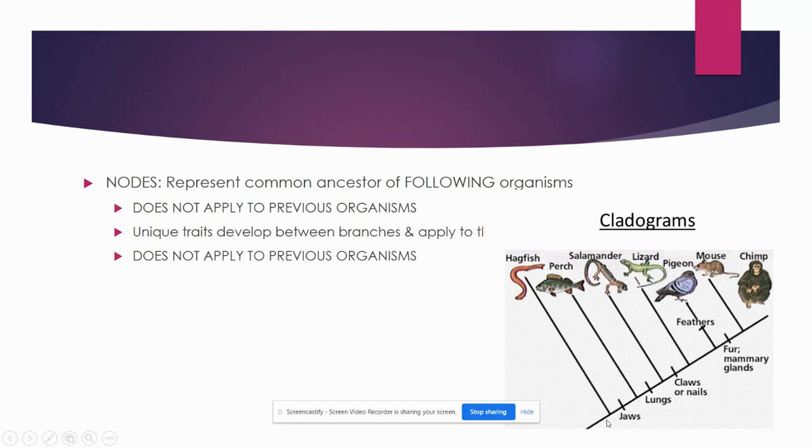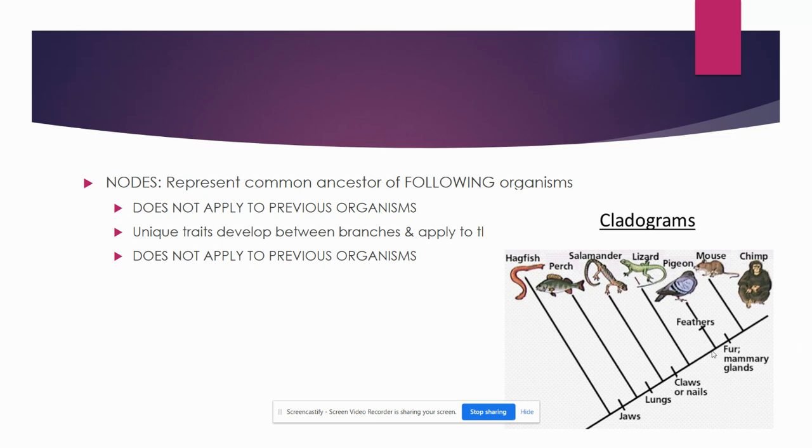So these little guys down here are the nodes that I was talking about. These are representing the common ancestor for the following organisms, not the previous ones. So on a test, these nodes would be labeled like A, B, C, D. And I would say identify the LUCA between the lizard, pigeon, mouse, and chimpanzee.